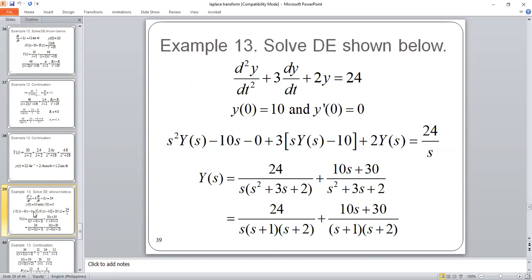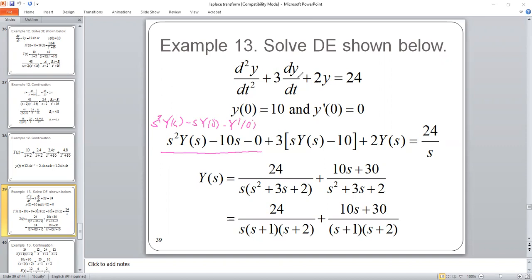Now, the first two examples were first order. Let's try something that is higher order. This one is second order already. If you apply the Laplace transform to the second order derivative, this will be its Laplace transform: s squared y of s minus s y of 0 minus y prime of 0.